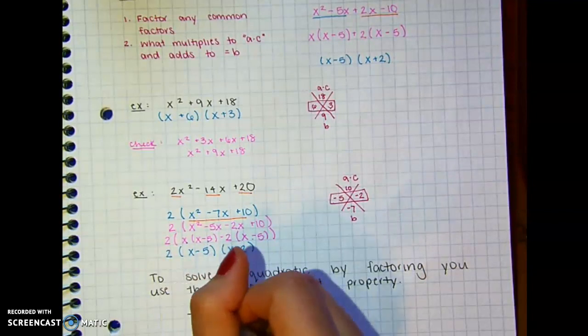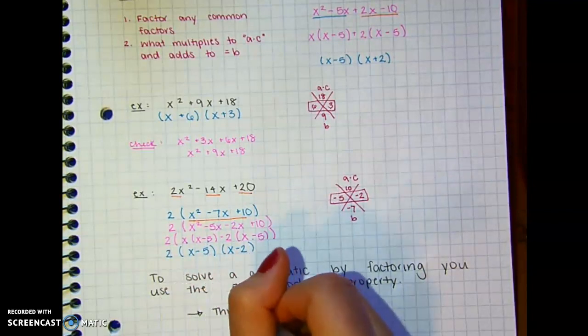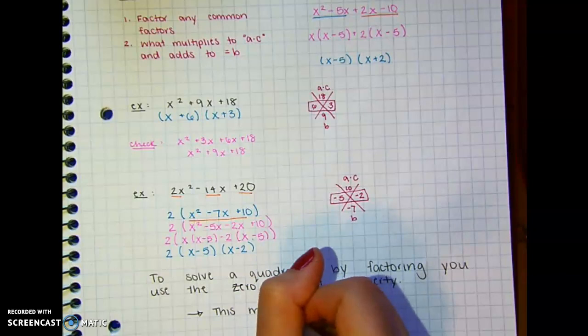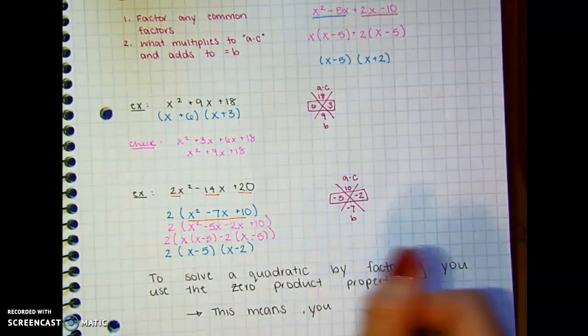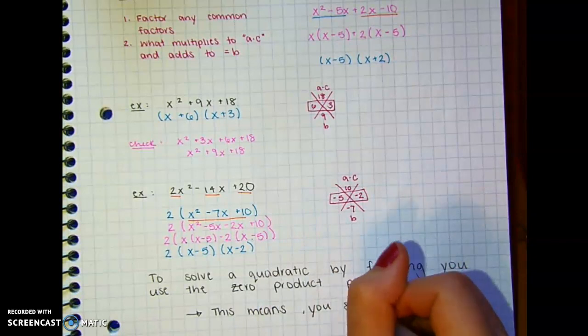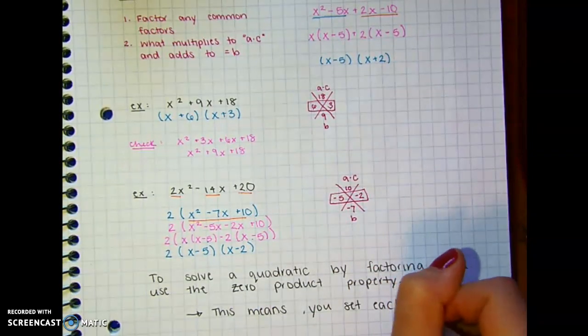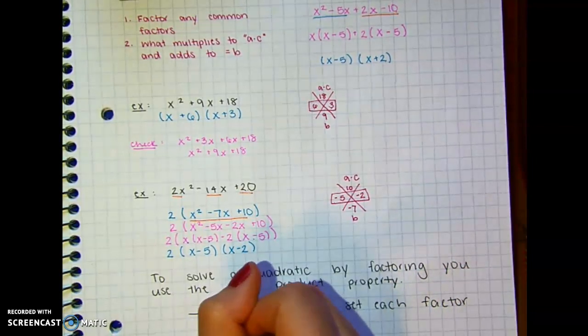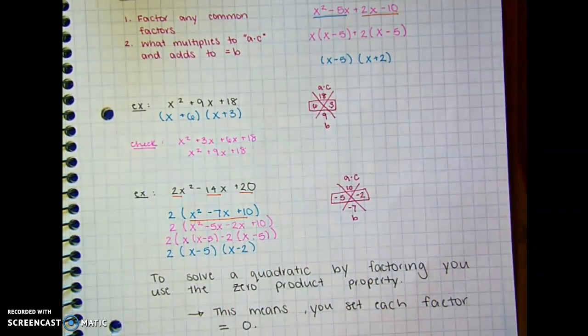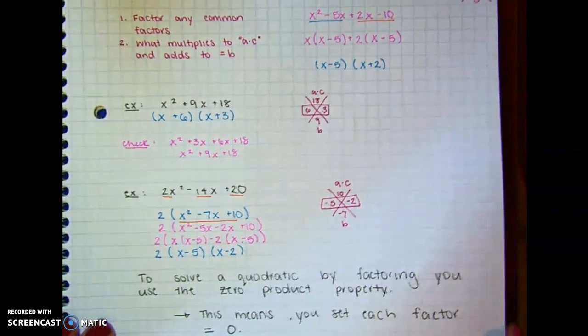This means you set each factor product, because they multiply, equal to 0.